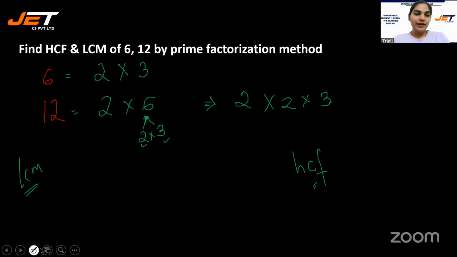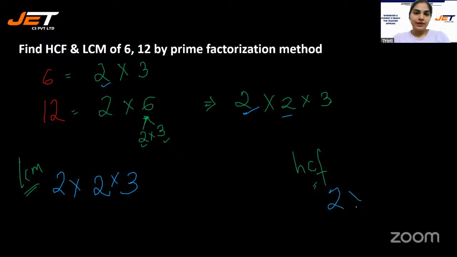Okay, so if I say what is the LCM, it's the maximum occurrences: 2 occurs twice, and for 3, it's 1. And if I talk about the HCF, I can make a pair of 2 and a pair of 3.